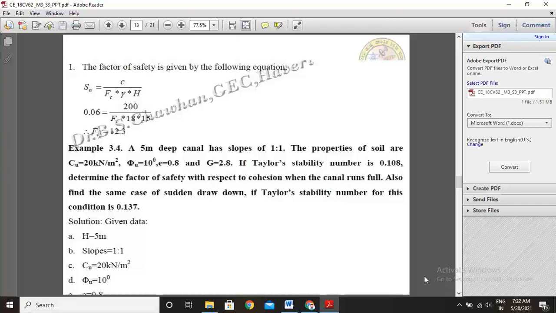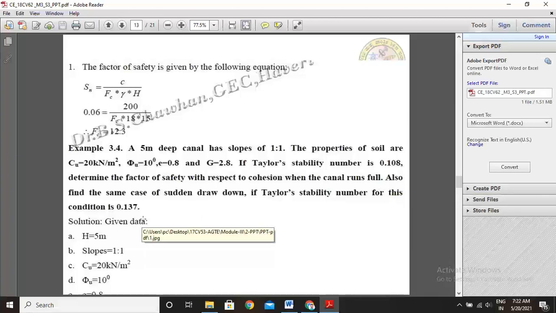Next problem, how it's asked. A 5 meter deep canal has slopes of 1:1. The properties of soil are Cu is 20 kilonewton per meter square, phi u is 10 degree, e is 0.8, G is 2.8. If Taylor stability number is 0.108, determine the factor of safety with respect to cohesion when the canal runs full.